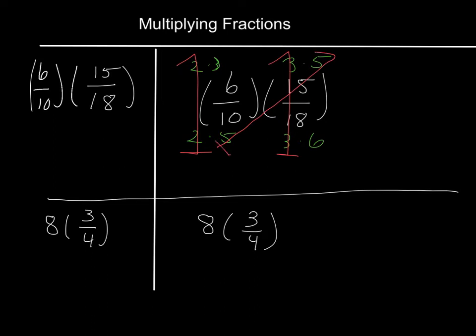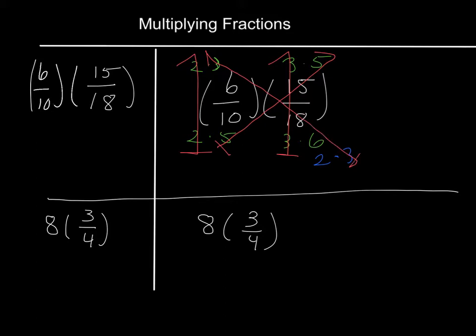And then this 6 can actually be broken down further into 2 times 3. So then if I do that, then I see that I have a 1 right there as well.